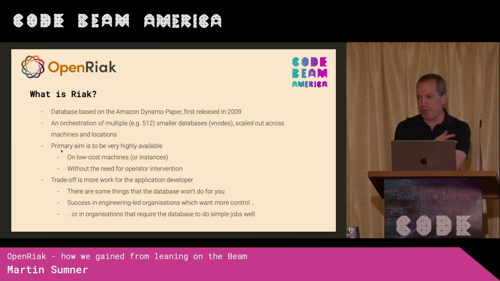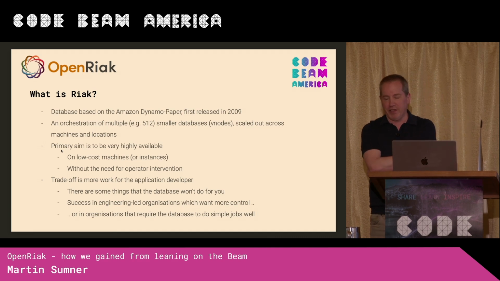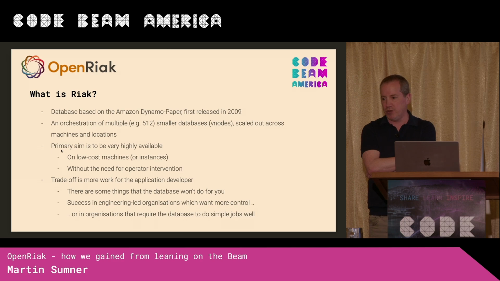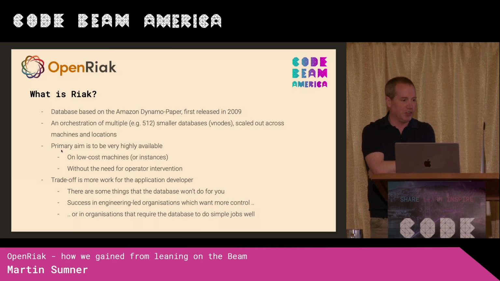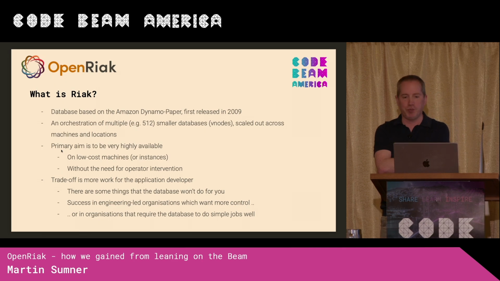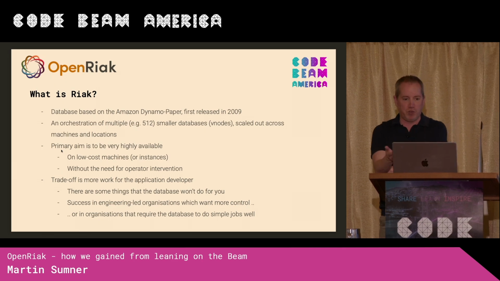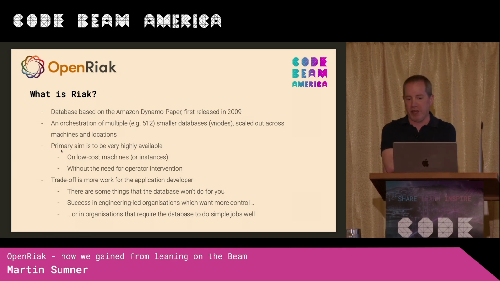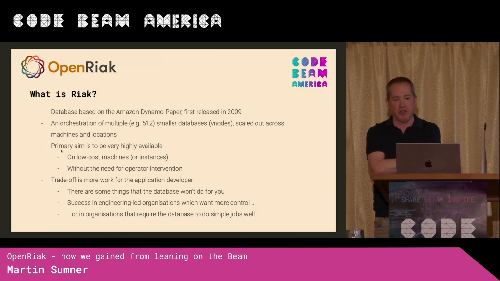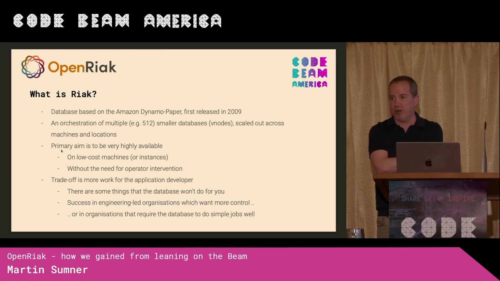And above that is an orchestration layer, which is coordinating activity across those smaller databases. So taking inputs and working out which smaller databases to put those inputs in, working out where to find information, how to resolve queries, but also how to distribute those smaller databases, those vnodes, across the machines and locations that make up the cluster.